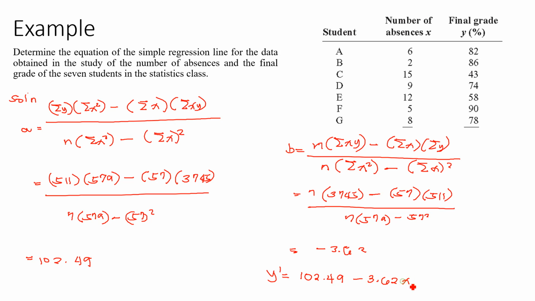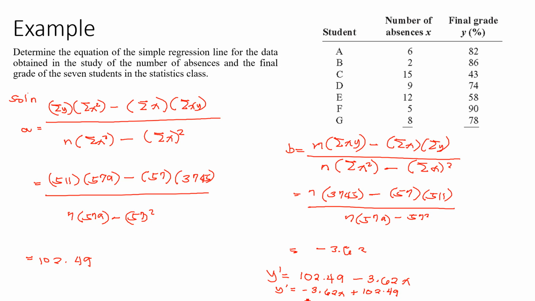If we wish to have this in the form y equals mx plus b, then y prime is equal to negative 3.62x plus 102.49. So our y-intercept would be 102.49, and the slope of the line is negative 3.62.